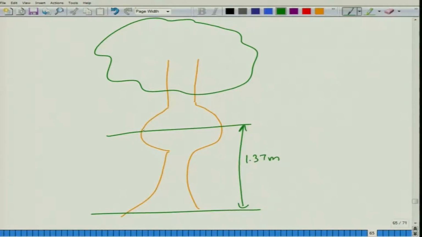Now, this would not be your representative diameter at breast height. So, what would you do? You would measure a diameter right below your bulge and you would measure a diameter right above your bulge. So, suppose this one was your D1, this one was your D2. So, you would write D is equal to the average of D1 and D2, so that it becomes the most representative diameter at breast height.